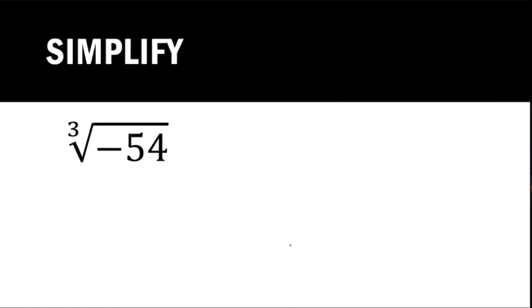So now let's continue. Let's have the cube root of negative 54. So we need to factor out negative 54. The factors will be negative 2 and 27.